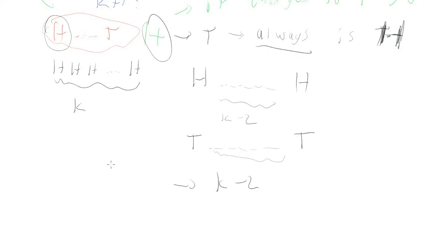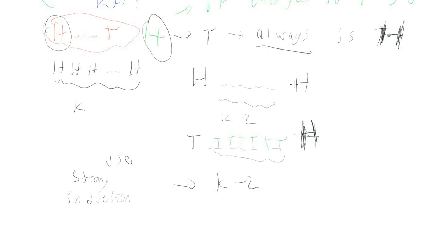We use strong induction here, and we see that by the inductive hypothesis, at some point this k minus 2 sequence is going to have, sorry, this should be an H. So by the inductive hypothesis, this right here is eventually going to become all T's.